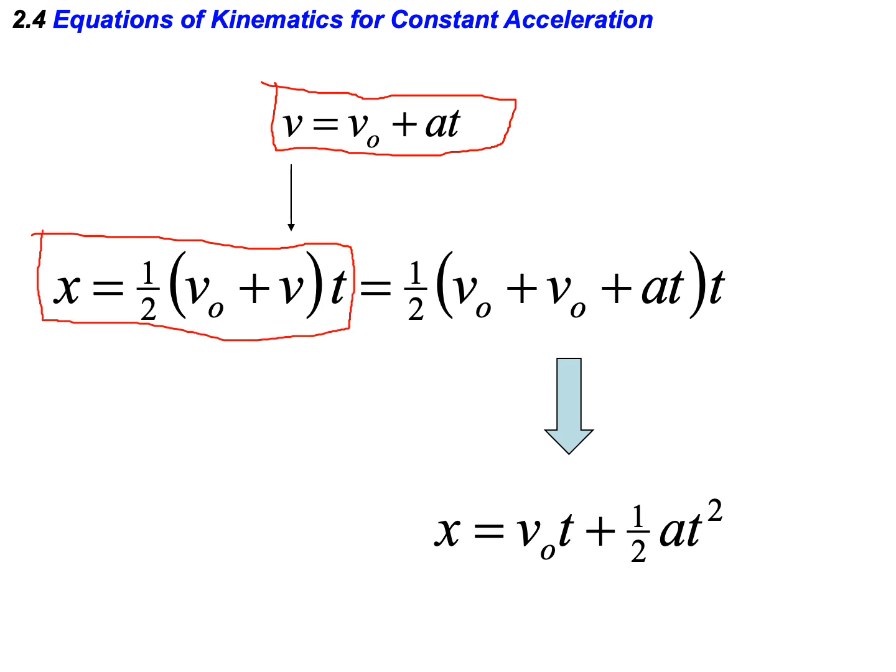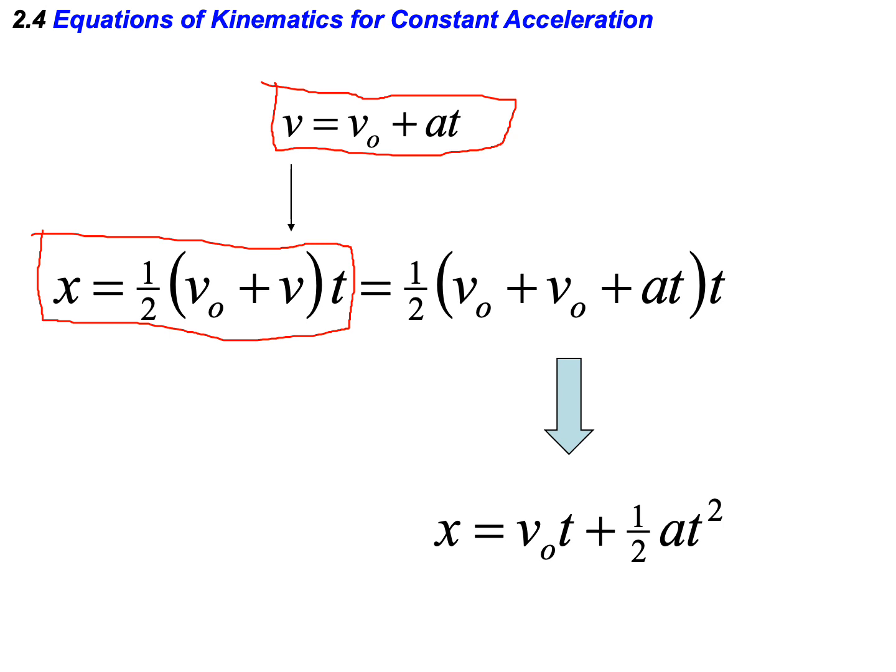And now I'm going to combine these two equations and write a different equation. So let me use a different color. So x, final position, is equal to half times initial velocity plus final velocity times t.